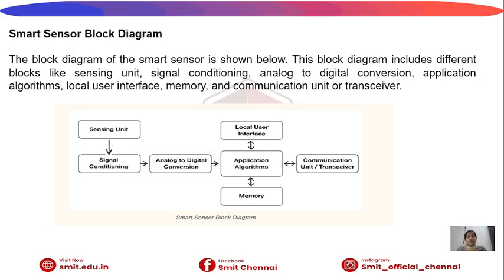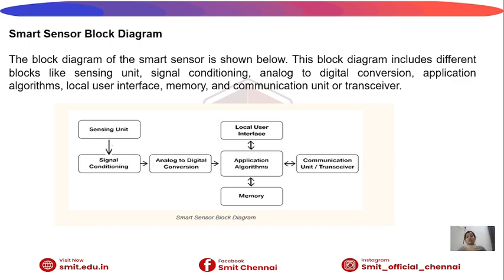Then it will be given to analog to digital conversion, where the analog signal will be converted into a digital signal. That goes to application algorithms, which means it may use some software. That software is interfaced with the local user, that is, human beings or anything.